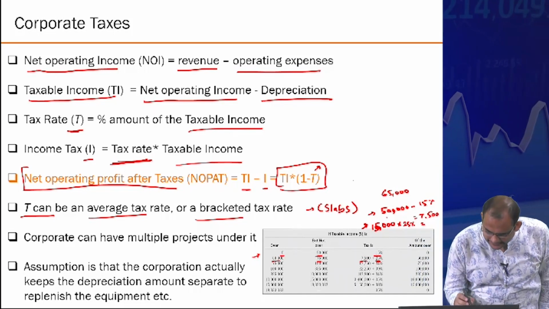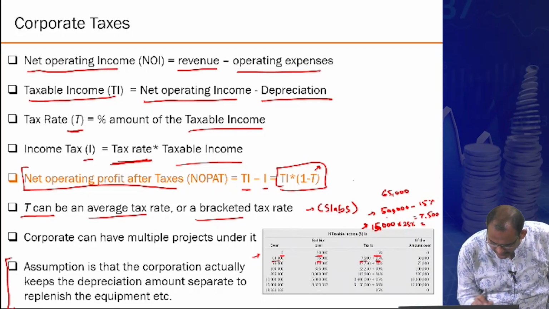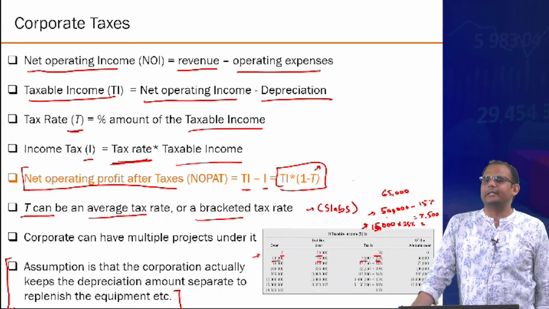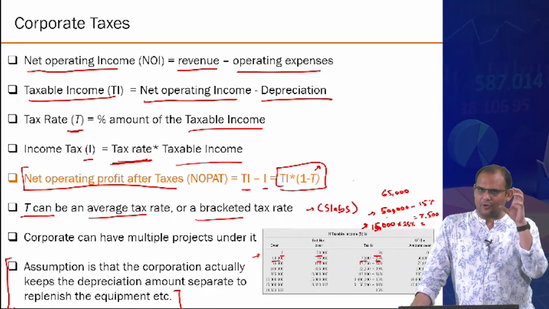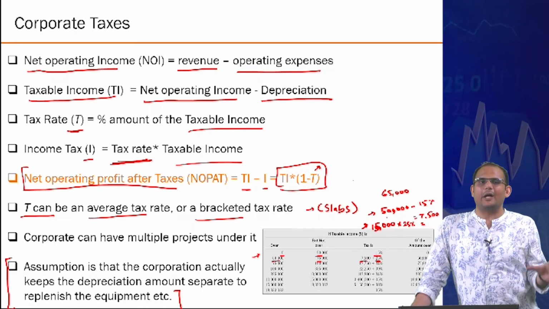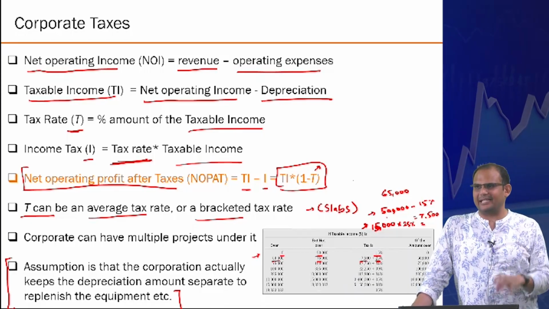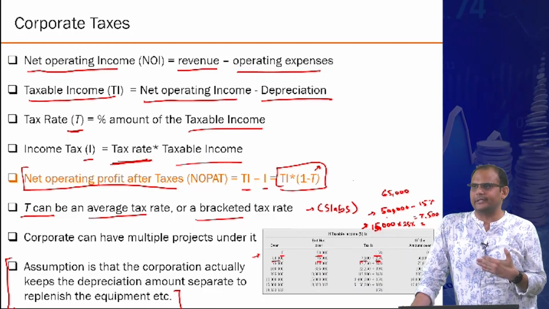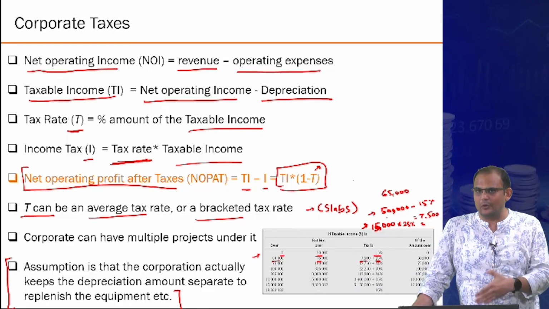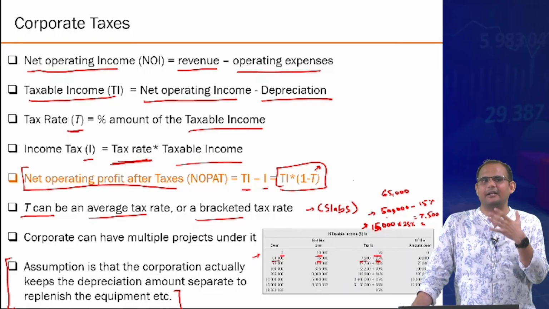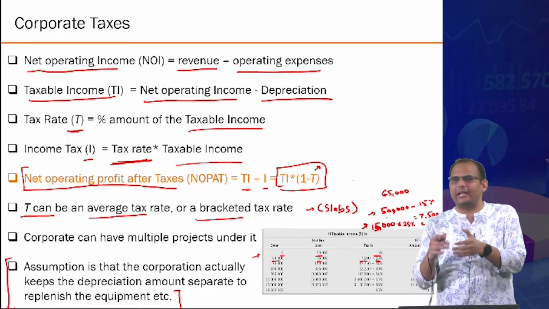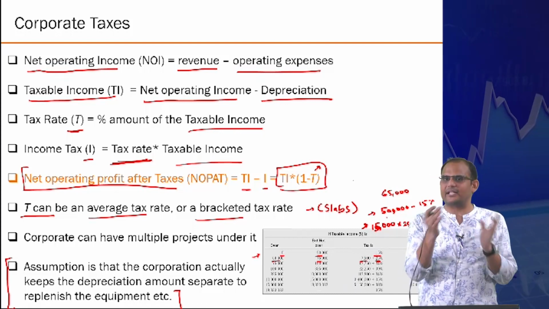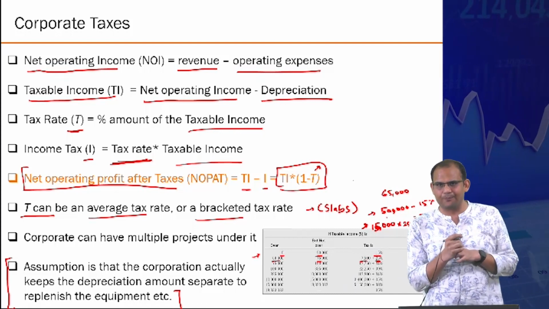Now, the key difference between a corporate income tax and a project income tax. In corporate income tax, you are assuming that the depreciation amount is a real cash flow, in a way that the company is keeping this amount invested somewhere so that they can get the replacement when the asset requires it, right?